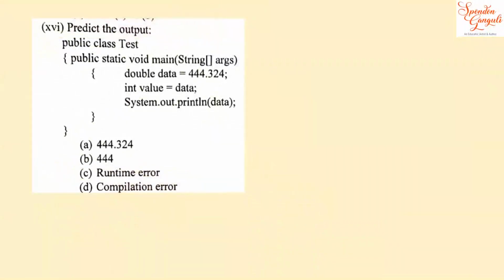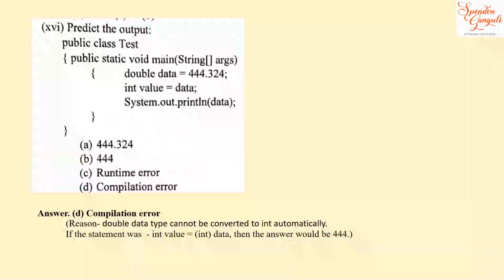Here predict the output. It is double data having some value 444.342. Then int value equals data, System.out.println int data. Here the correct answer for this statement will be compilation error, because a double data type cannot be converted to int automatically.